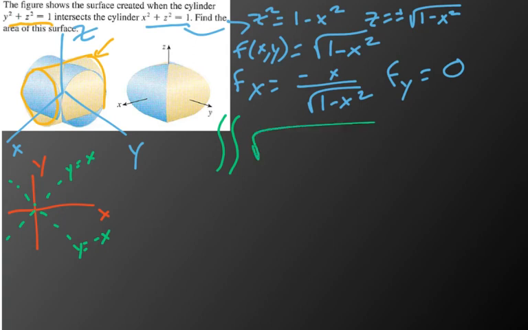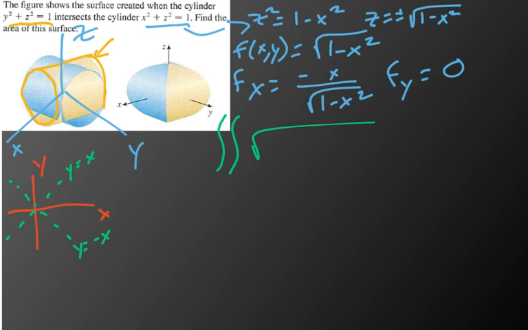With respect to x, we'd have negative 2x over 2 square root 1 minus x squared. So again, like the last problem, those 2's would cancel. It's nice actually, f with respect to y is just 0, right? There's nothing in here that has to do with y, so the derivative with respect to y is 0. Then if we start setting up an integral, we have to plug in this squared and this squared.